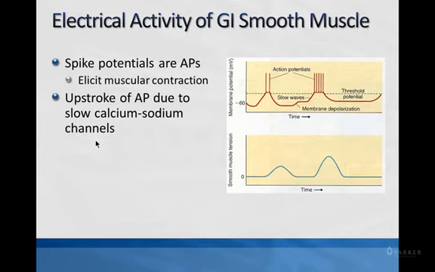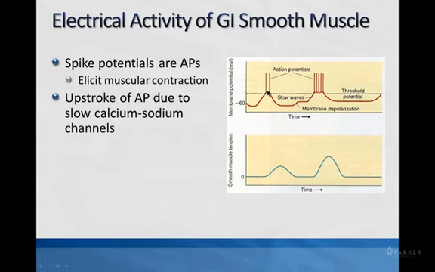Now, the slow waves I mentioned, this depolarization going up like this, was due to cyclic opening of calcium channels. But the opening of those channels does not let in enough calcium to generate an action potential. Okay, it's not enough yet.